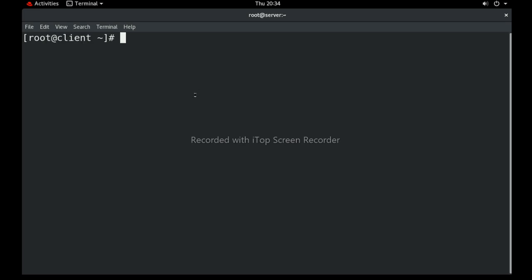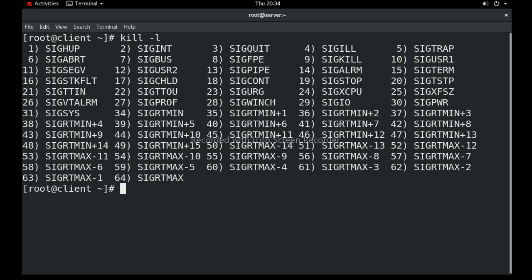Similarly, there could be different options that could be used with kill. To display the list of all the options, we can use the command kill -l. This gives you the list of various options that could be used along with the kill command. As an example, we can use the option number 19 to stop a running process.